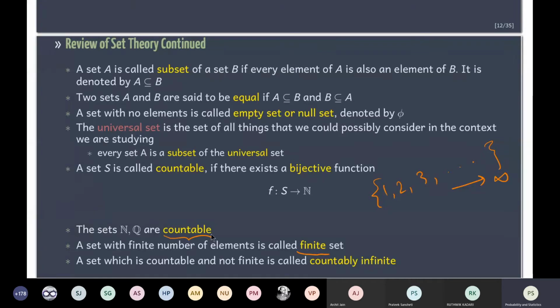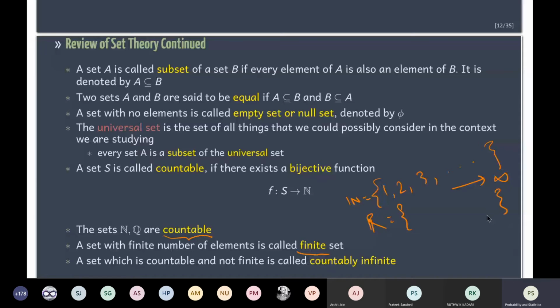When Cantor was studying these sets, earlier people were saying there are sets like the natural numbers, and then there are sets like the real numbers. They wanted to quantify the cardinality of these.